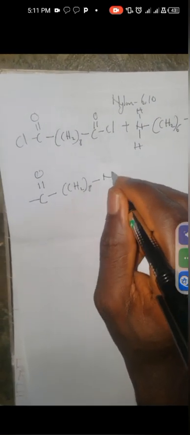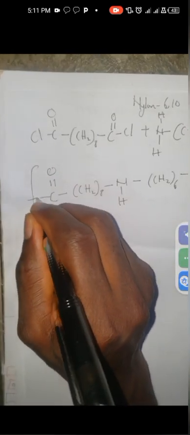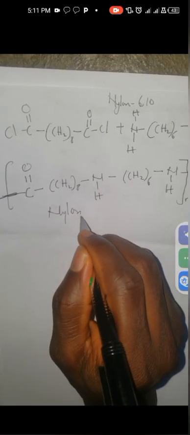Your reaction can grow from this side. Then this one will join with this amine: single bond NH, then single bond CH2 into bracket 6, then single bond NH. So it can grow from here, and also from here. Then you put your n. This is the reaction of nylon 6,10.